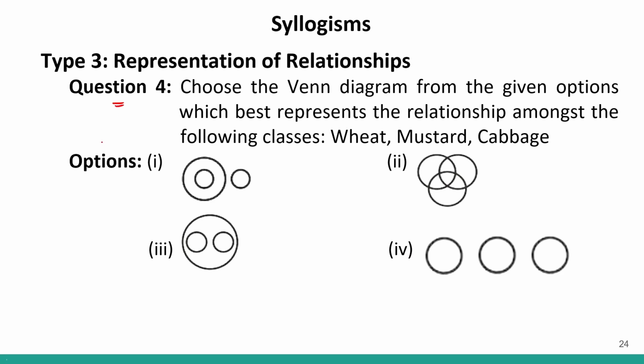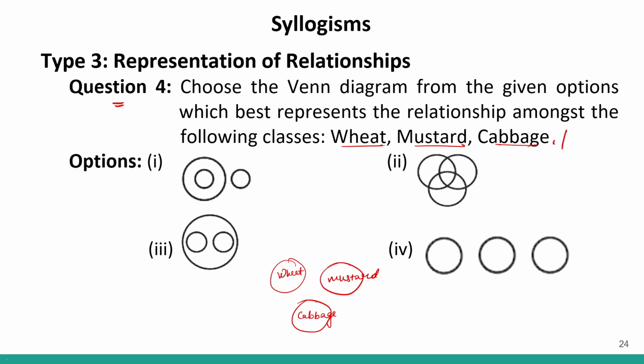Question number 4. Choose the Venn diagram from the given options which best represents the relationship amongst the following classes. 3 classes: wheat, mustard and cabbage. Now these are all food items, right? But they are separate food items. Wheat is a separate food item, mustard is a separate food item, and cabbage is a separate food item. They have no relation with each other.